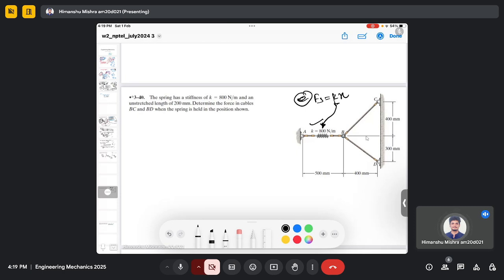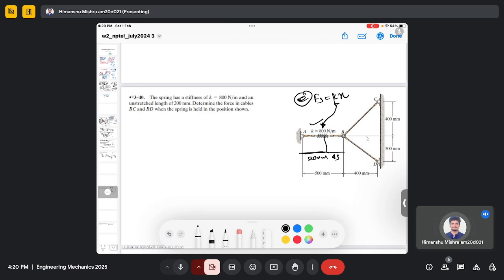So in this problem, the spring has a stiffness of 800 Newton per meter and an unstretched length of 200 millimeter, and the remaining is, let's say, delta S.